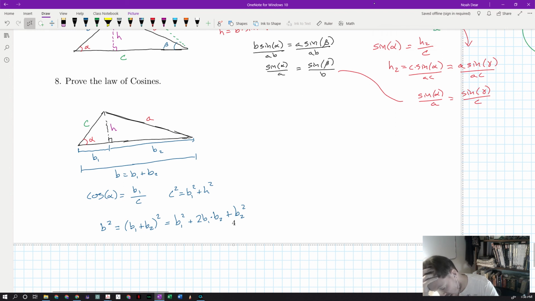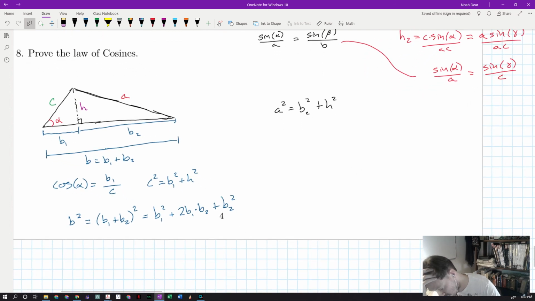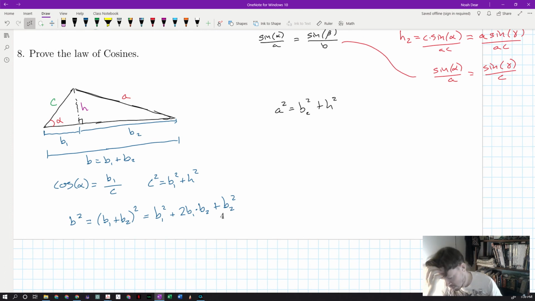So I've got A squared equals B2 squared plus H squared. And my goal is to make this entire right side after some amount of lines equal B squared plus C squared minus 2BC times the cosine of alpha, right?